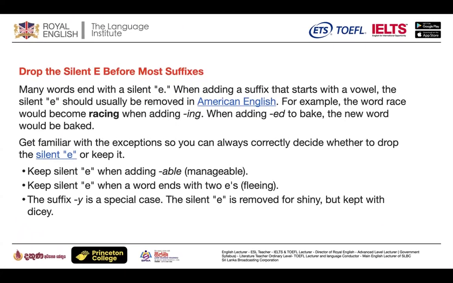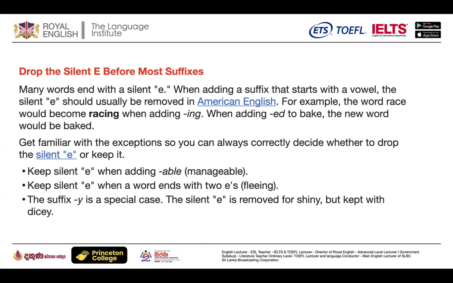Drop the silent E before most suffixes. You guys know about suffixes and prefixes, right? Many words end with a silent E. When adding a suffix that starts with a vowel, the silent E should usually be removed. For example, the word raise would become raising when adding ing.